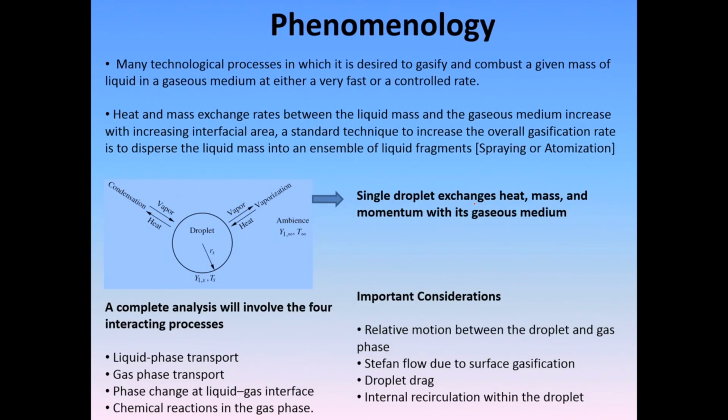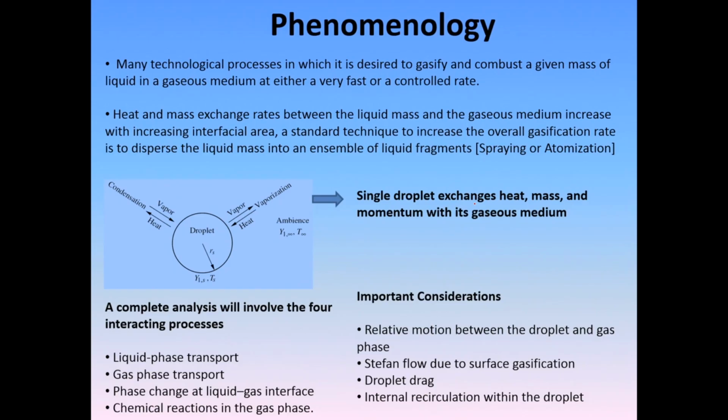Droplet vaporization is important because for most of the technological processes that we talked about just now, it is desirable that you want to gasify the droplet or even combust the particular liquid in a gaseous medium, at a fast rate or at a controlled rate with various degrees of control. We want to do that. We basically want to control this evaporation rate in order to achieve certain goals, whatever those goals may be.